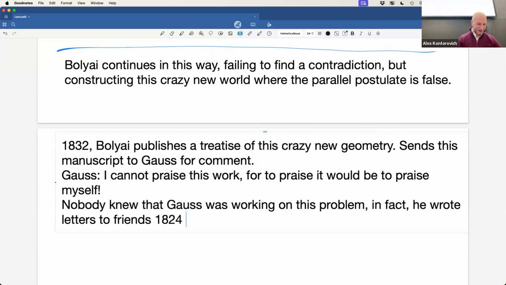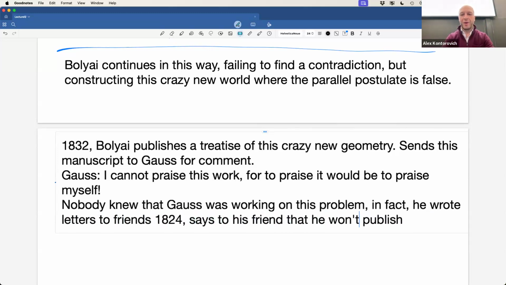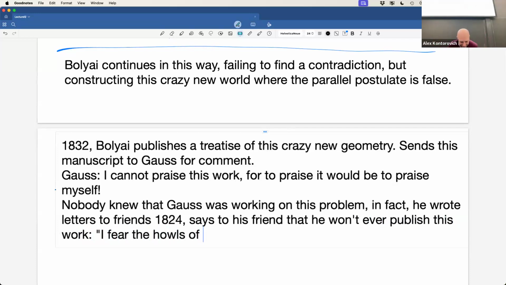And I want to get this verbatim. He says to his friend that he won't ever publish this work, because I fear the howls of my contemporaries.